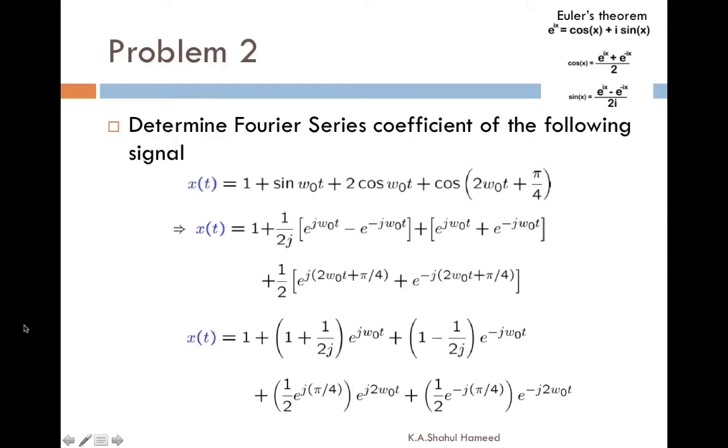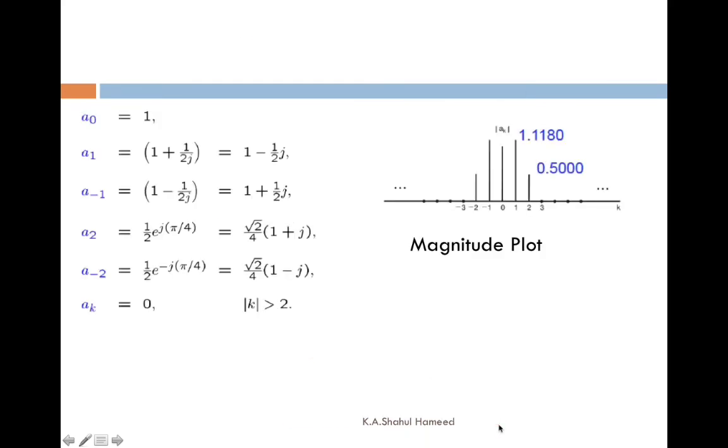So when we are comparing this x of t with the synthesis equation, we will get this constant is a naught, this one is a1, this is a minus 1, this is a2, this is a minus 2.